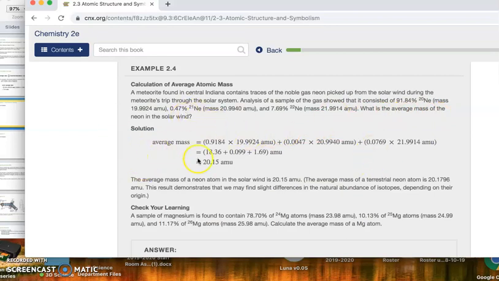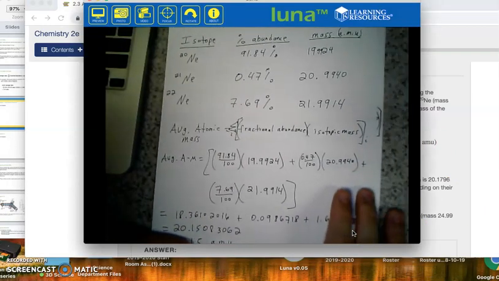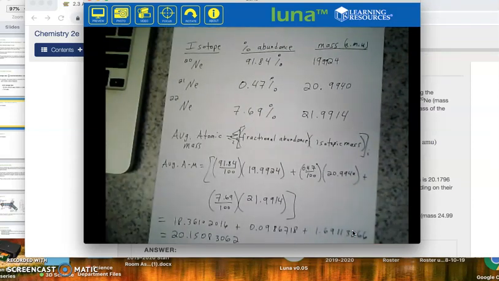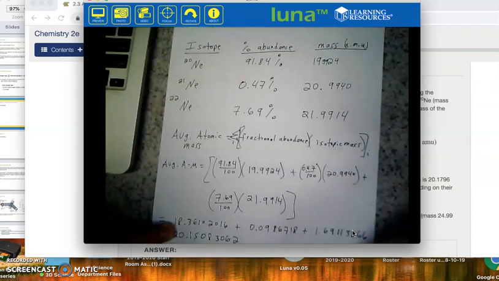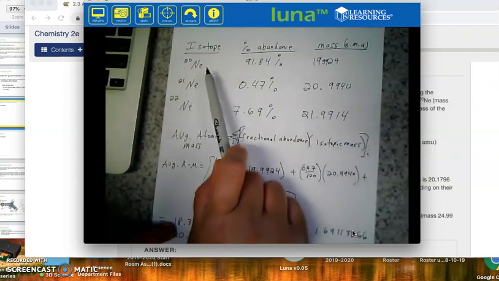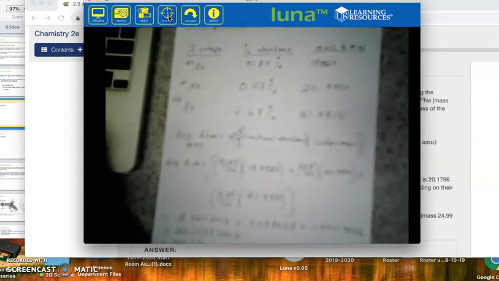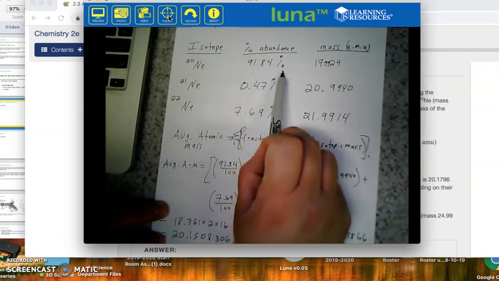So here's the solution, but I want to go ahead and show you the solution as I worked it out on paper here. And so what I did was I wrote down the information they gave us. Okay, so they gave us neon 20, and it has percent abundance of 91.84%.